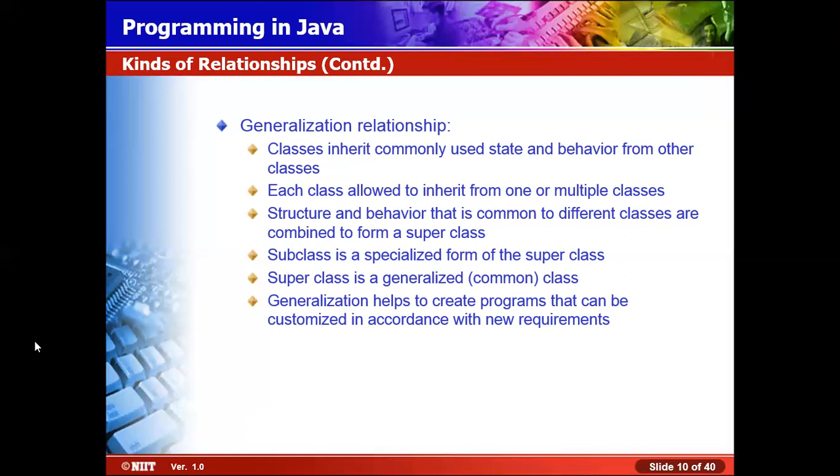From where it is derived, that is called a superclass. You can say between Windows 7 and Windows 10, Windows 7 is called a superclass. A subclass is a specialized form of superclass.